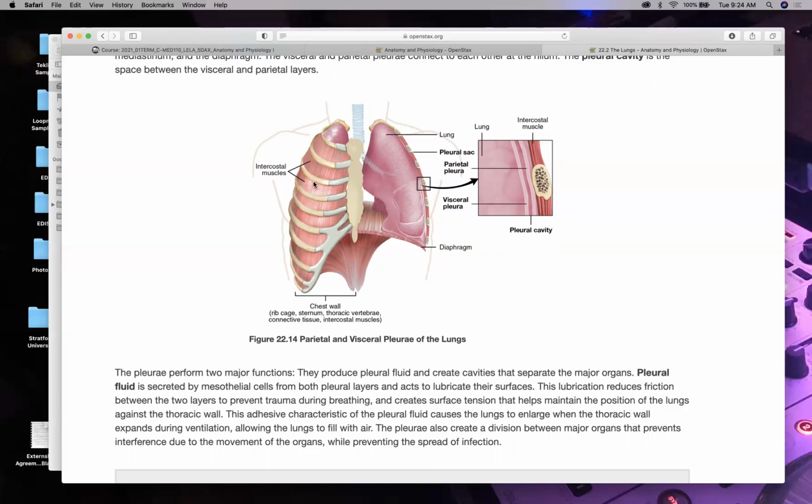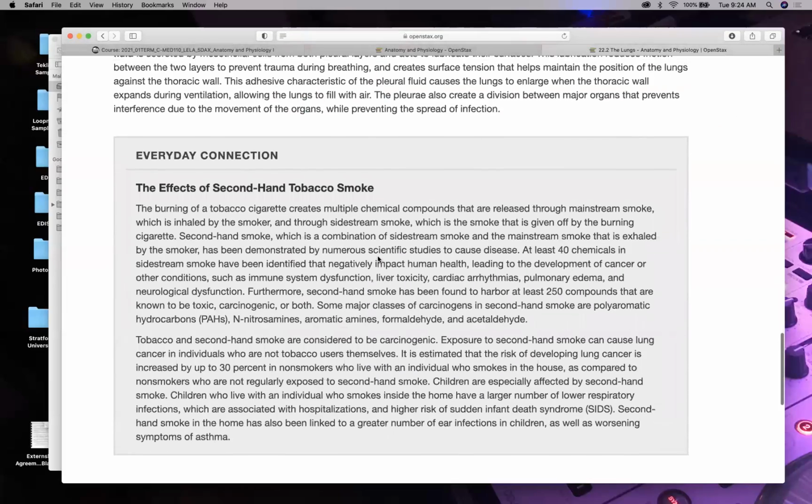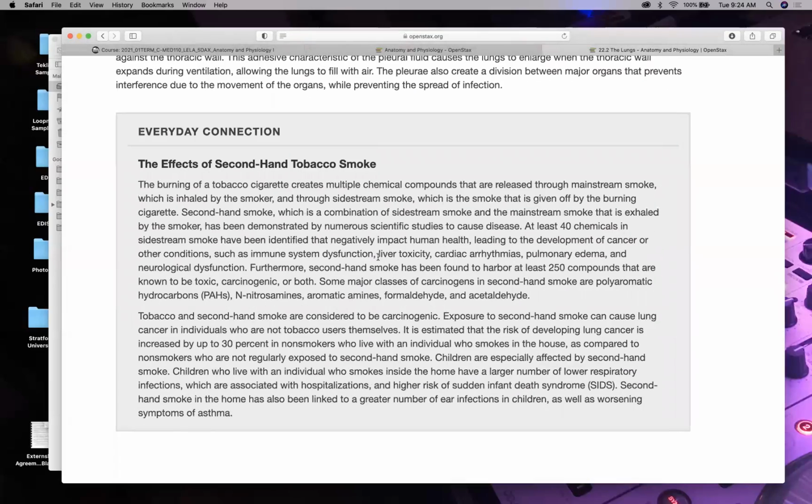One set is your intercostal muscles. We'll talk about that. And another is your diaphragm right here, which is a thin strap muscle that demarcates your thoracic cage here from your abdominal area down here. And we'll talk about how those muscles also create a pressure gradient so you can breathe.